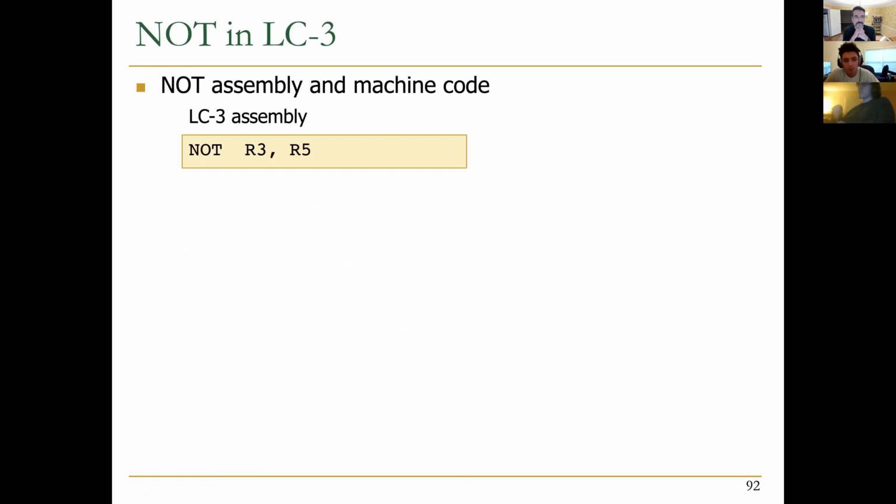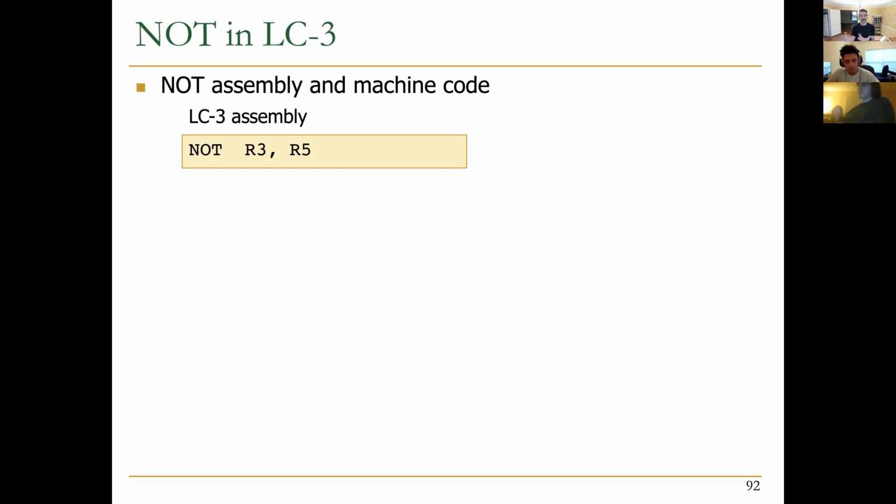So, for example, NOT in LC3, this is how it looks. The first register specifies the target, and the second one specifies the source.